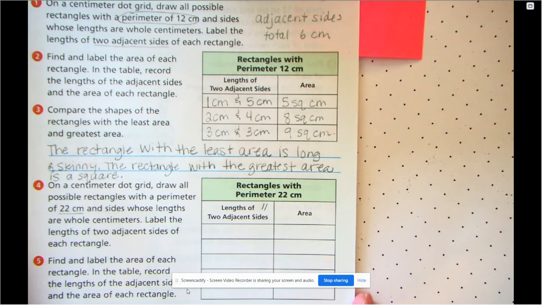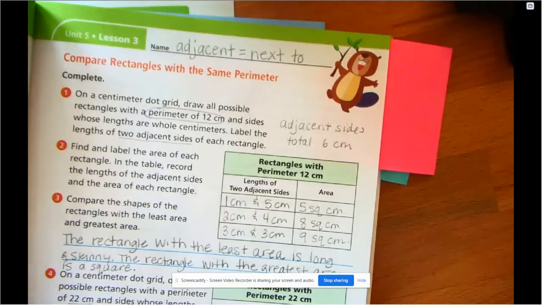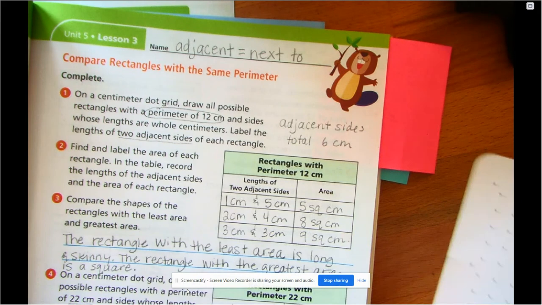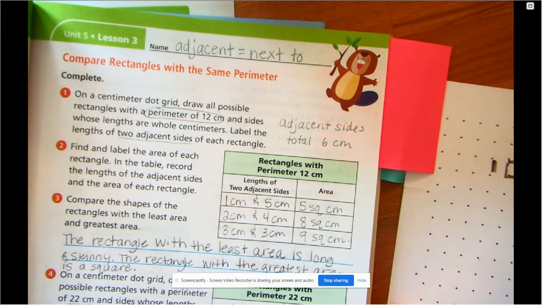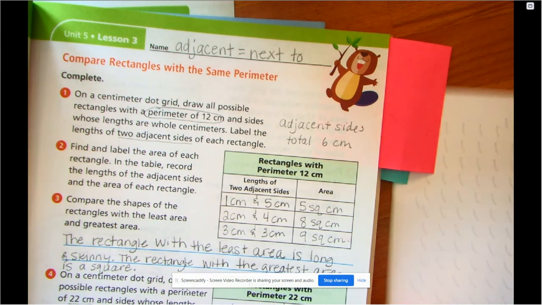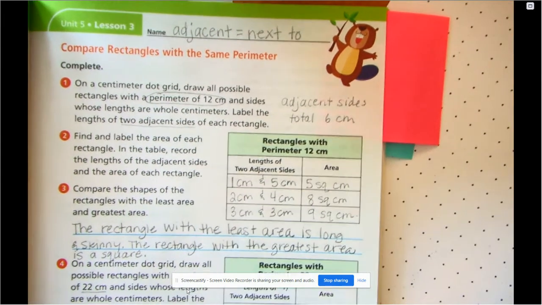Okay. So like I said earlier, we're going to go from shapes that have the same perimeter to shapes that have the same area, so the same amount on the inside. We're going to compare those. You can always come back or pause the video to copy all of this down.